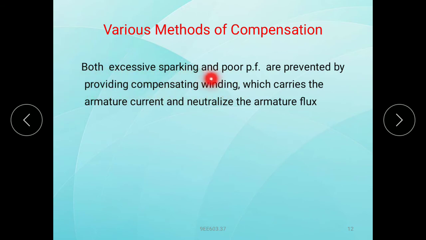Excessive sparking and poor power factor can be prevented by providing compensating winding, which carries the armature current and neutralizes the armature flux. Here, conductively compensated.